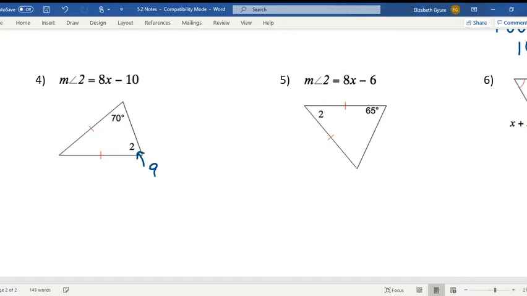So this angle here is 8x minus 10. It's isosceles, so which two angles are going to be the congruent ones? Yeah, 70 and angle 2, the one that's 8x minus 10, right?